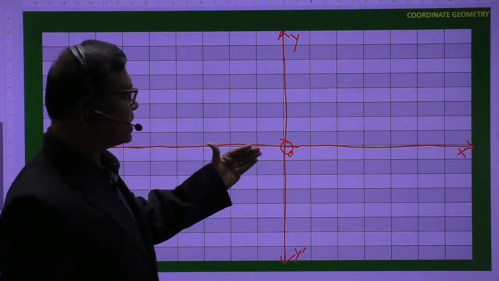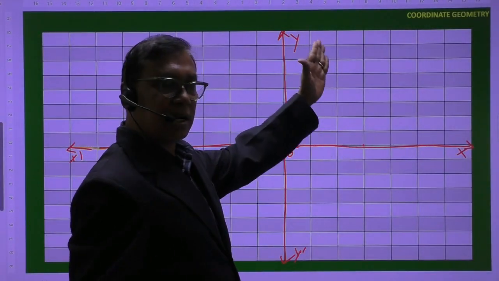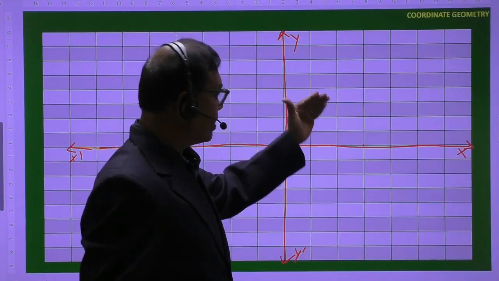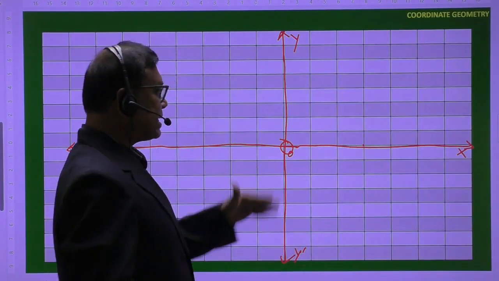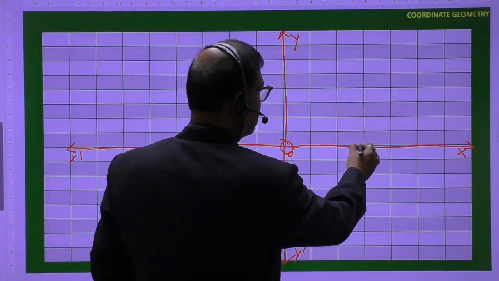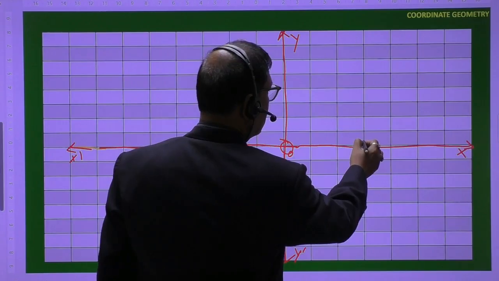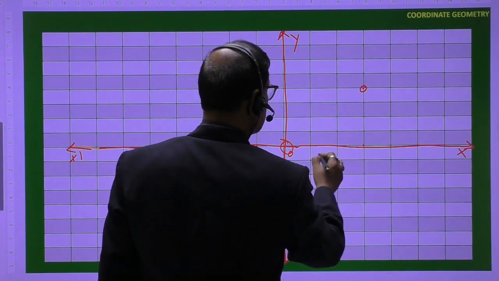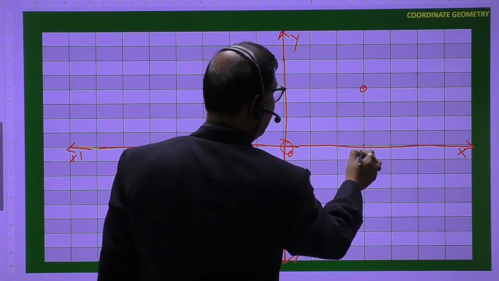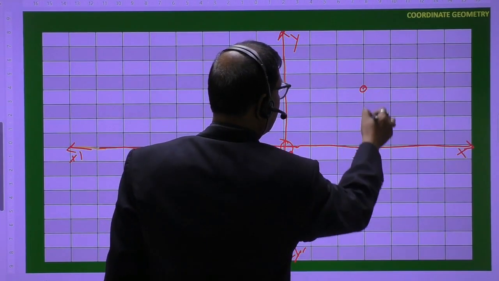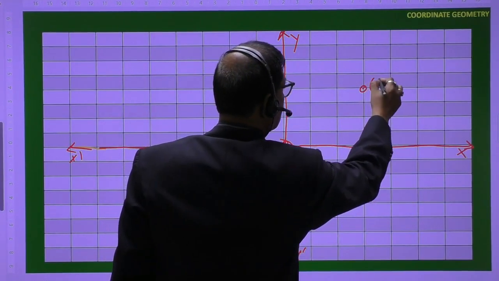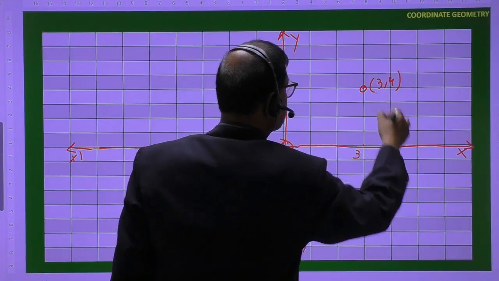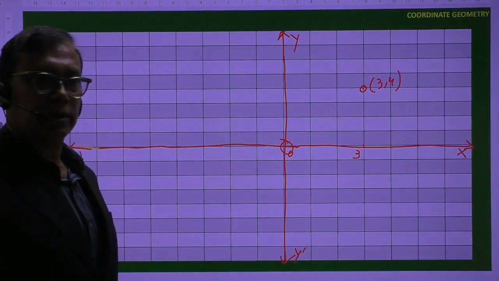If y is positive, then we will move upward. If y is negative, then we will move downward. So for example, suppose y is 4, then again we will move upward 1, 2, 3, 4, that means here. So 3 comma 4 is the coordinates of this point.